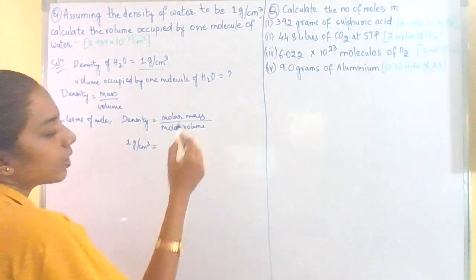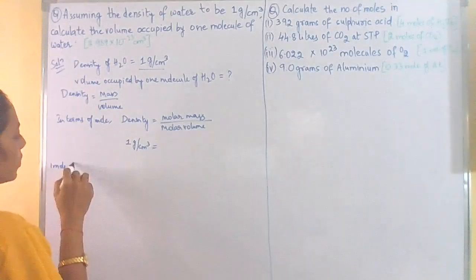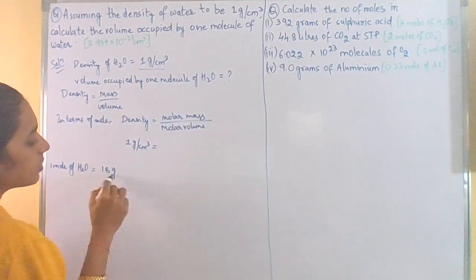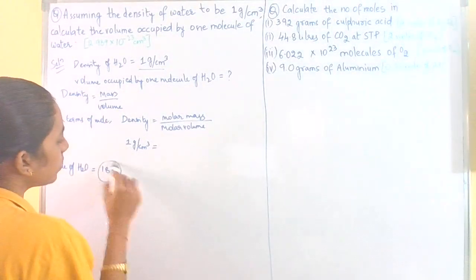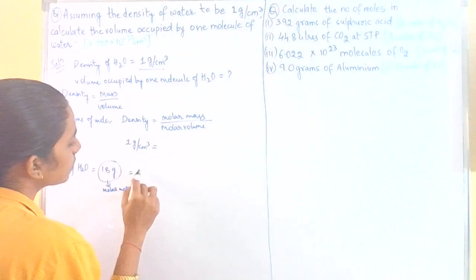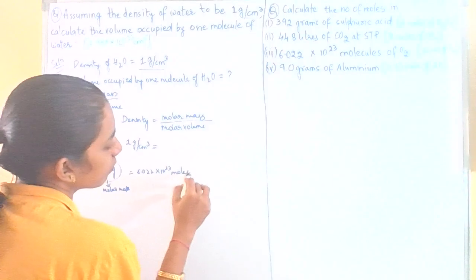And what is the molar mass of water? 1 mole of H2O is equal to 18 grams. This is the gram molecular mass. It is also called as molar mass, which is equal to 6.022 into 10 to the power 23 molecules of water.